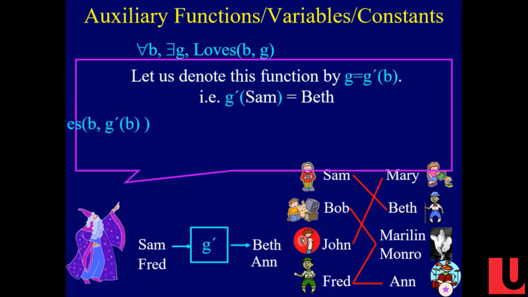It's this function from who the adversary gives me to, well, the adversary is going to give me some boy, and if I have an oracle to tell me how to play the game, then the oracle is going to tell me what girl to come up with. So this is a function from boys to girls.